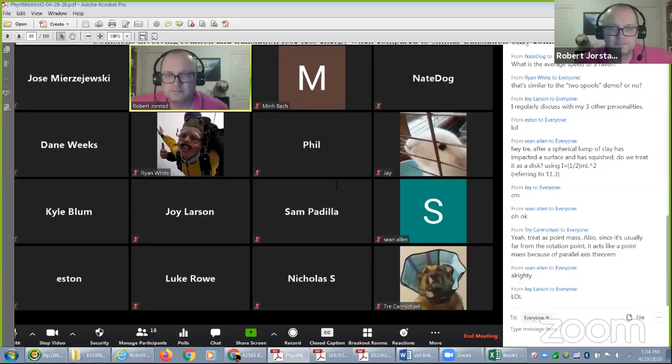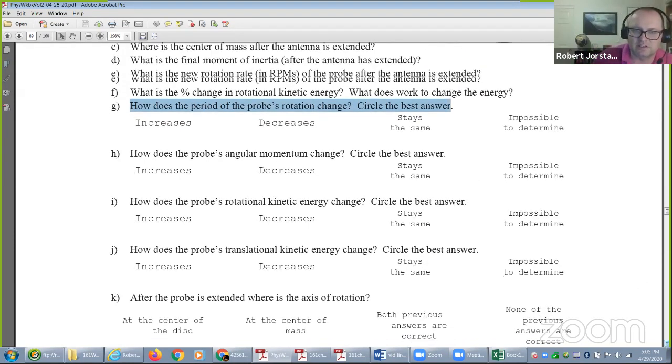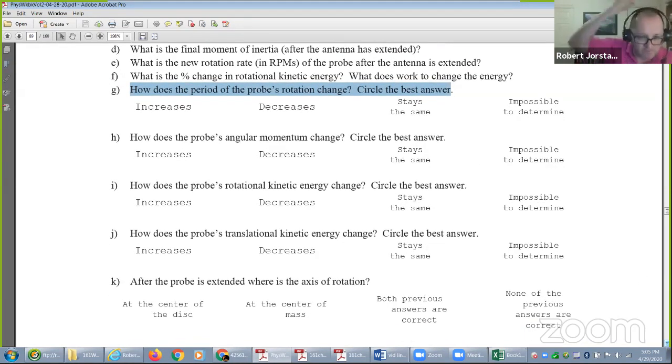All right. So let's go back to that question and see what else we've got in there. And you've probably got this in front of you. How does the period of the rotation rate change? Think to yourself. Try to answer these ones really quick. These were some conceptual questions I asked.